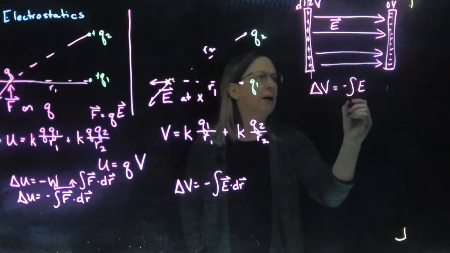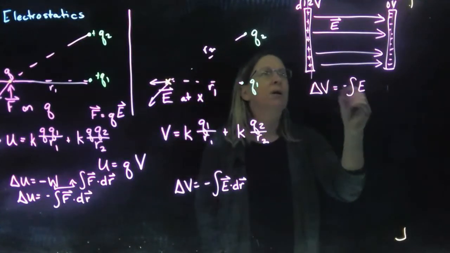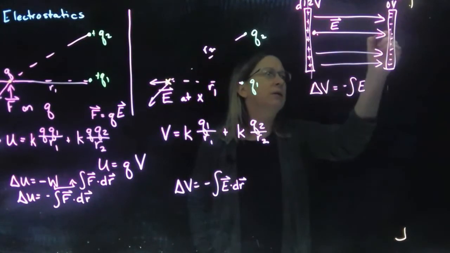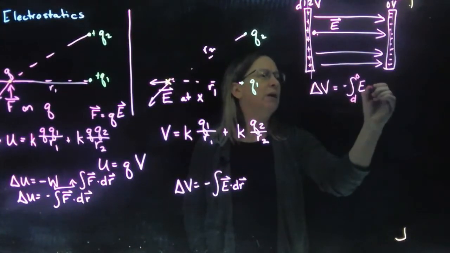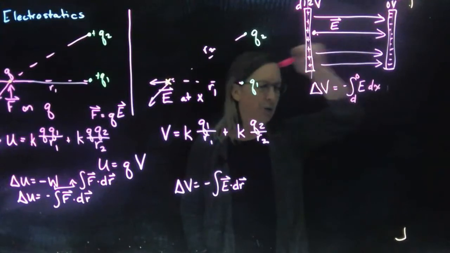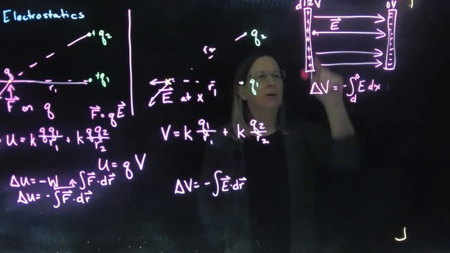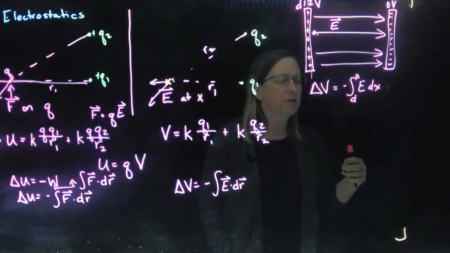Then if we're going from this point to this point, we can say we're going from d to 0 of E dot x, right? Just like we're doing a work equation, E is pointing this way, x is pointing this way, so we don't have to have the dot product anymore.